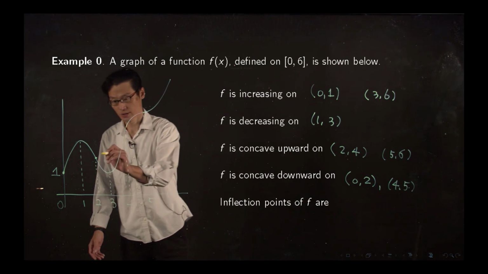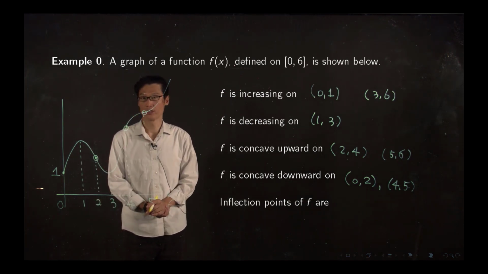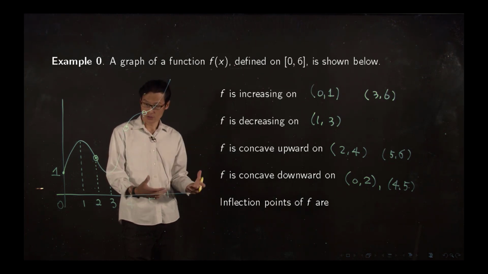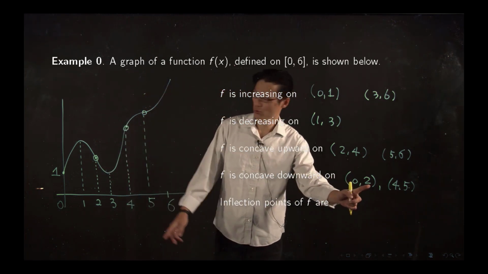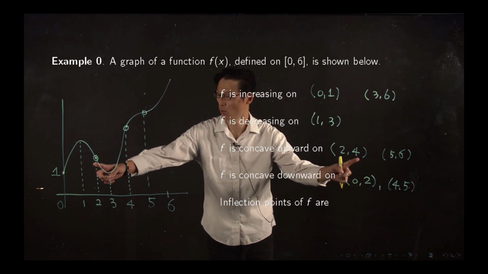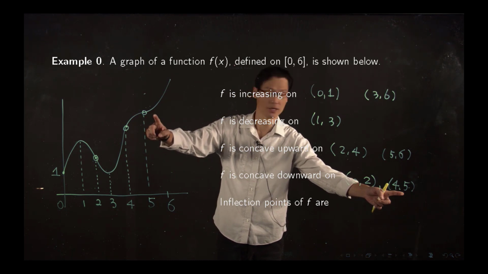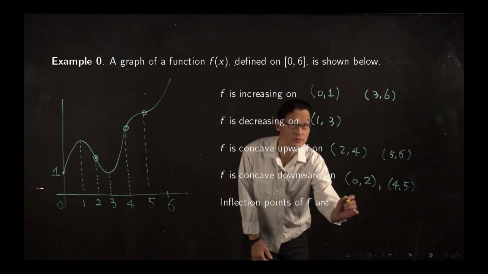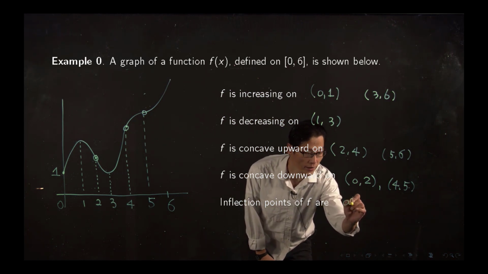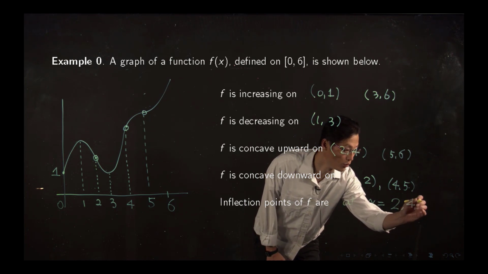Inflection points here, here, here. So inflection points are the points where your curve changes concavity, from 0 to 2, and then 2 to 4, and then 4 to 5, and then 5 to 6. They are at x equals 2, 4, 5.